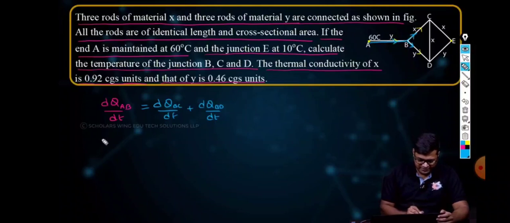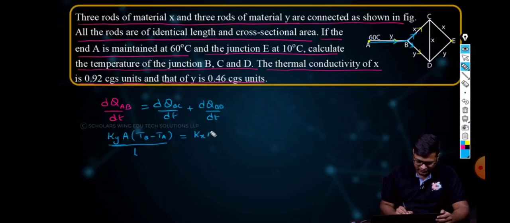So from this, dQAB by dt, KY times A into change in temperature, that is temperature of B minus temperature of A, by length, should be equal to BC, which is made of X material.